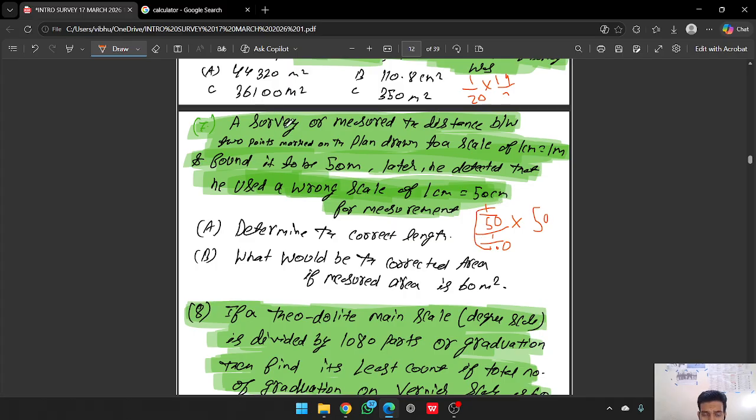Okay, this will go here. The surveyor measured the distance between 2 points marked on the plan to the scale of 1 centimeter, found to be 50 meter.